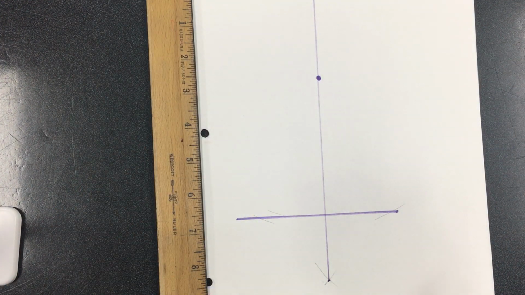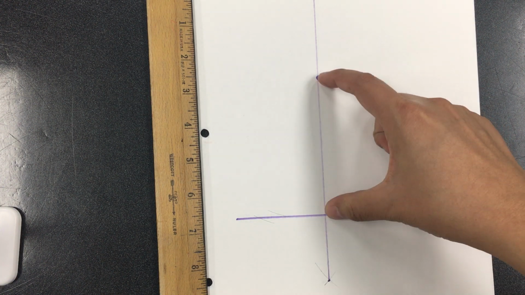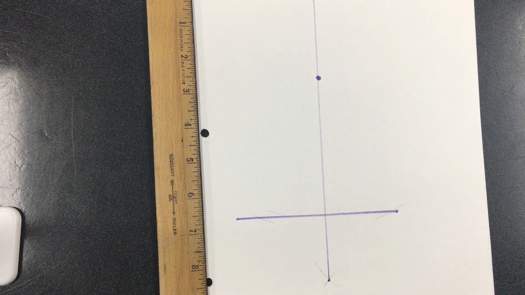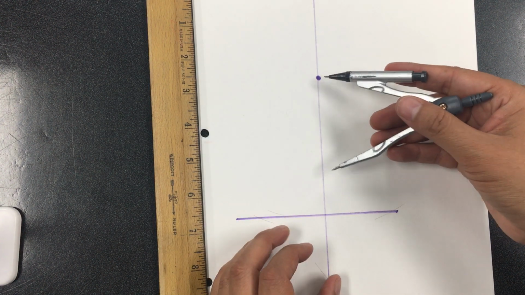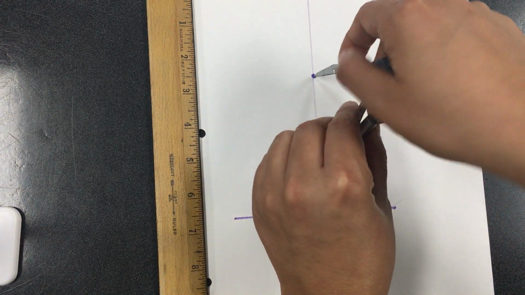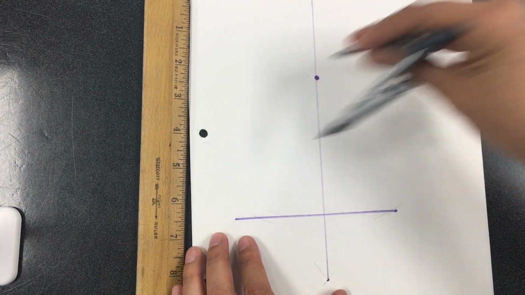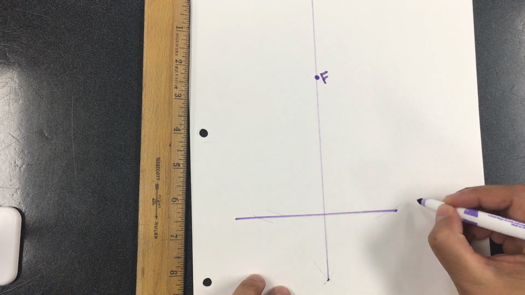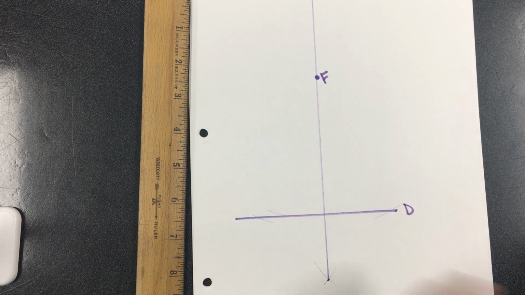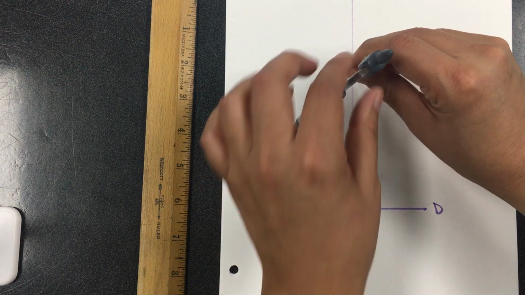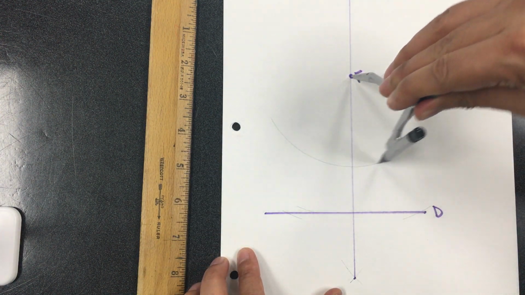And now I'm going to find the vertex, which is halfway in here. So I'm going to use the perpendicular bisector, and all I have to do is open my compass to a little bit more than half, okay? Using the focus point, let me label those. The focus point, which is F, and my directrix, which you can just label D. I'm finding my vertex.